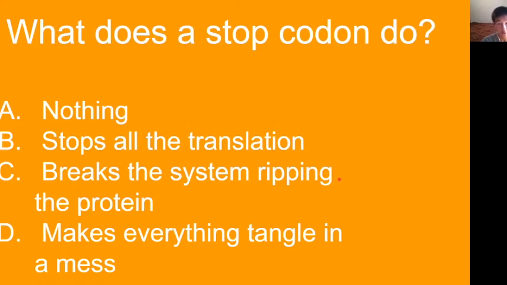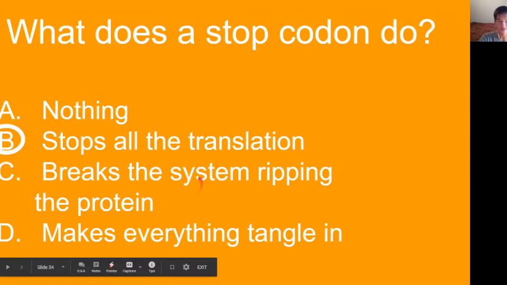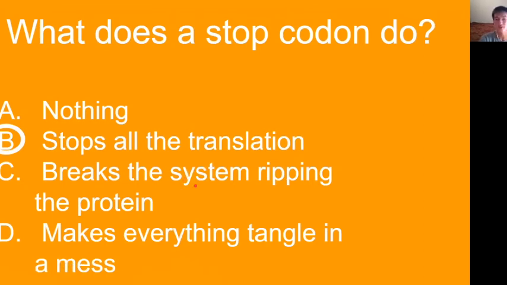So, wow, this one was also very tied. And again, I'm going to reveal the results here. The answer is actually that it just stops all the translation. And you may be like, wait, Ryan, but what if it stops it by breaking the system? No, it doesn't break the system by ripping the protein. That'd be horrible, because what would be the point of all the hard work? We did the splicing, we cut it, we made sure it's right.